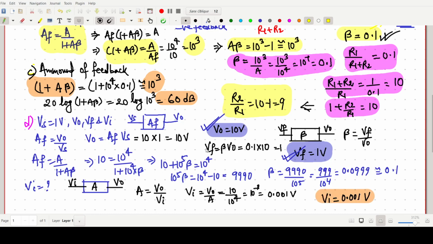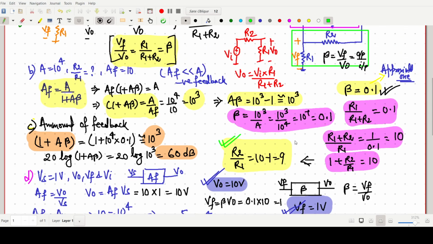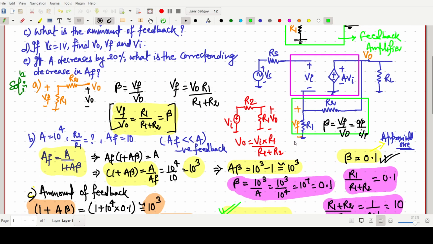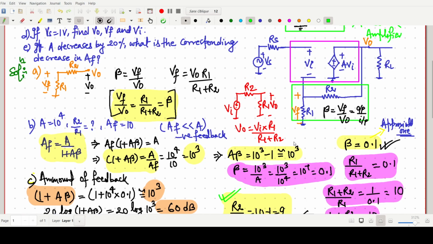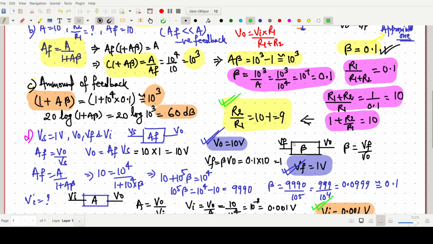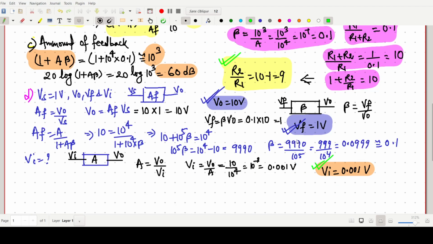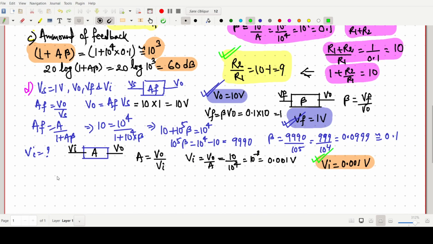So we have calculated all the other values. This one is our R2 by R1. We have calculated V naught and Vf. Now this D section is over. Now we have to go for E. The E question is: if A decreases by 20%, what is the change in AF?